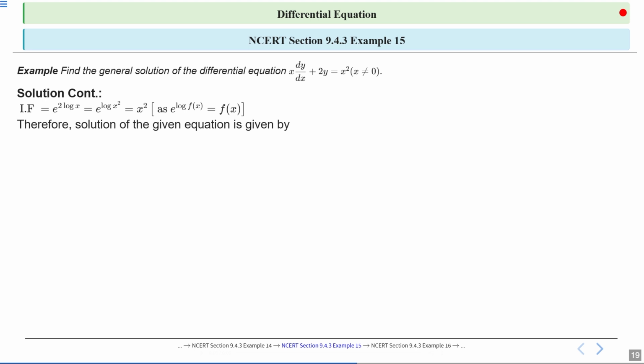Therefore, the solution of the given differential equation is given by y into integrating factor is equal to integral of q into integrating factor dx plus c. So in the first step, write the given differential equation in the standard form, compare with the general form to get the values of p and q, and by the value of p, calculate the integrating factor, that is e to the power integral of p dx.